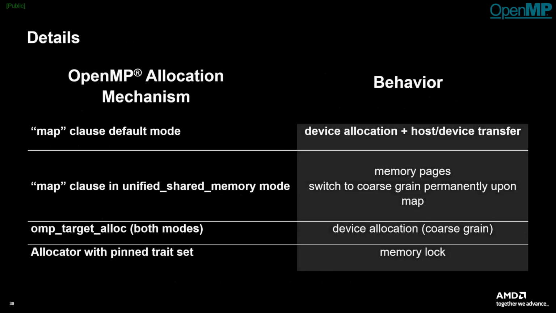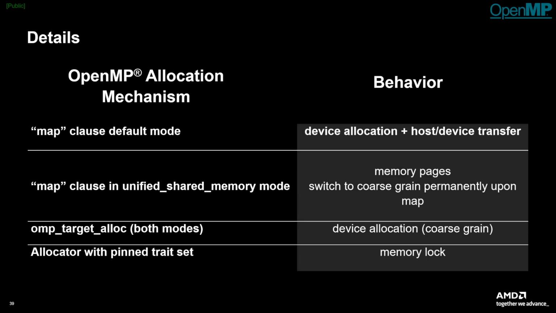So here's sort of a summary of how that behavior occurs. When we use the map clause, it's going to cause it to be coarse grain when we're in unified shared memory.